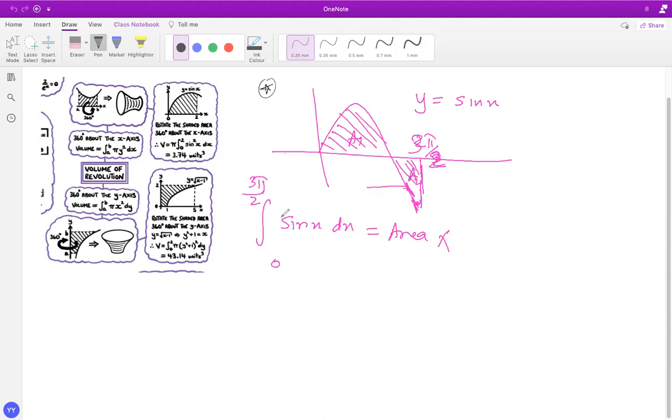Integration just sums up the values. So what I'll do is, since you know this point is pi, 180 degrees, integrate sine x from 0 to pi, plus integrate sine x from pi to 3 pi by 2. You know this answer is going to come out negative, so be careful and take the absolute value of this. This is the general idea about finding the area bounded by the graph below the x-axis and some part above the x-axis.